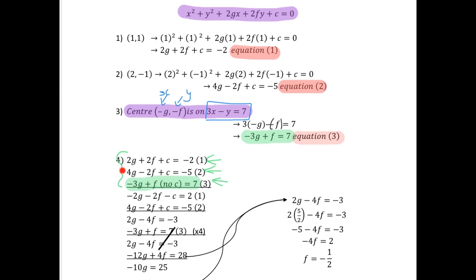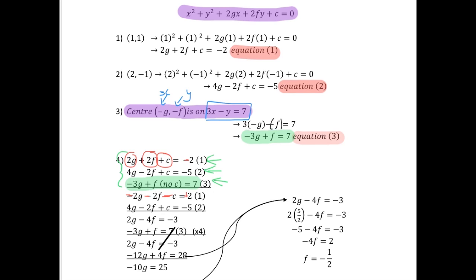So to get rid of the c from these 2 equations, I'm going to write them down again, but I'm going to change the sign all the way across equation 1. So instead of +2g, I have -2g, +2f changes to -2f, +c changes to -c, and -2 changes to +2.